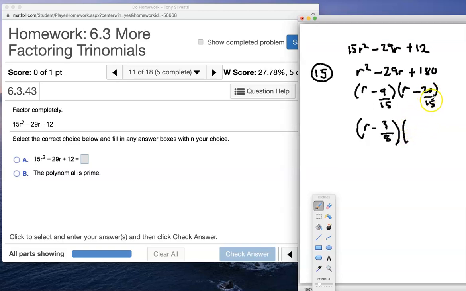That's not simplified. Okay, let me just copy the r minus. I can divide top and bottom by 5, 4 over 3. Wow. Now this expression has two fractions. If you still have fractions after you simplify, take the denominator, put it in the front. Take this denominator, put it in the front, and then you got yourself the answer.